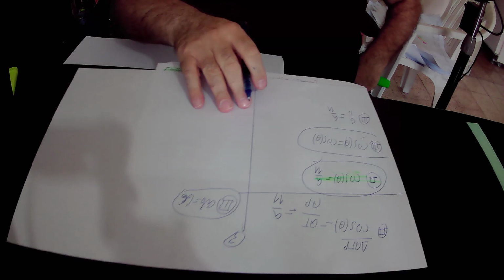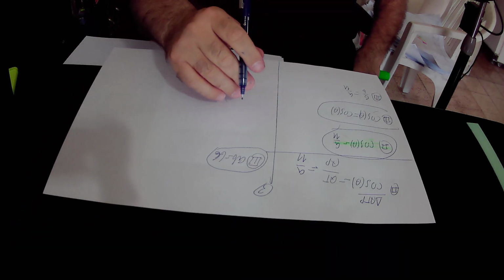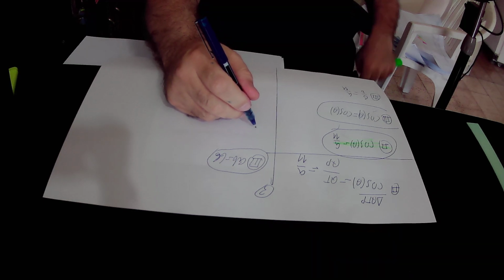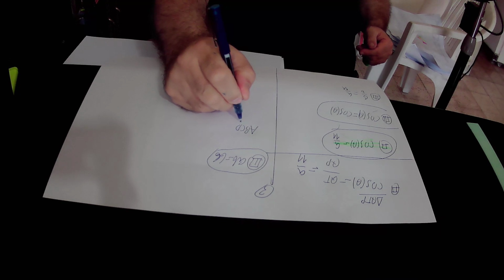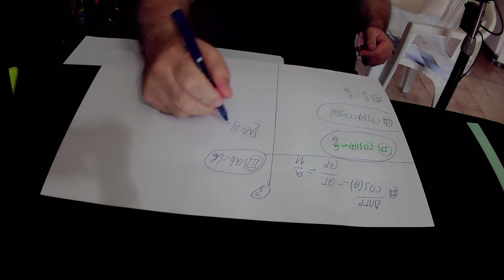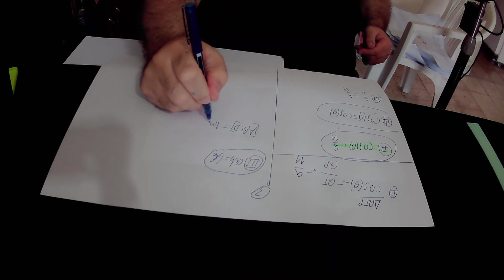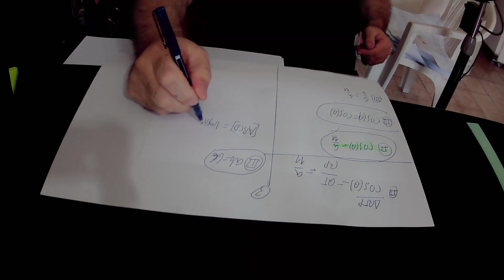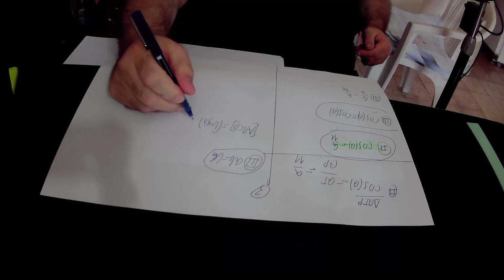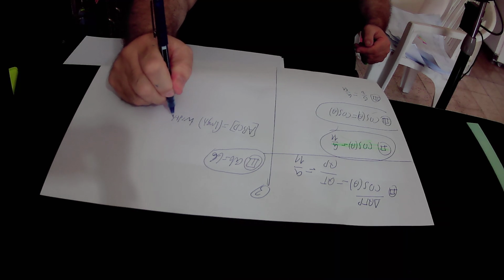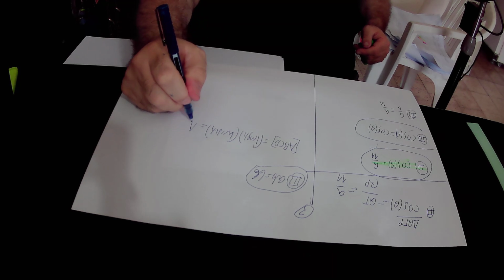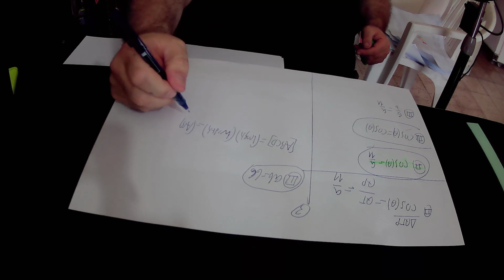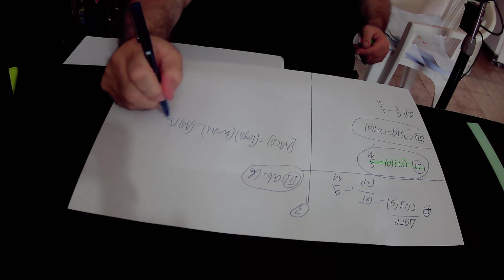And we know that the area of rectangle ABCD equals its length times its width. The length is equal to AB and the width is equal to BC.